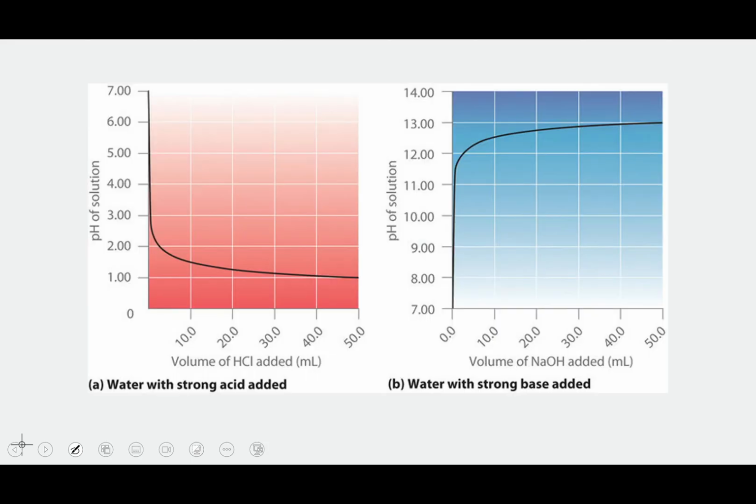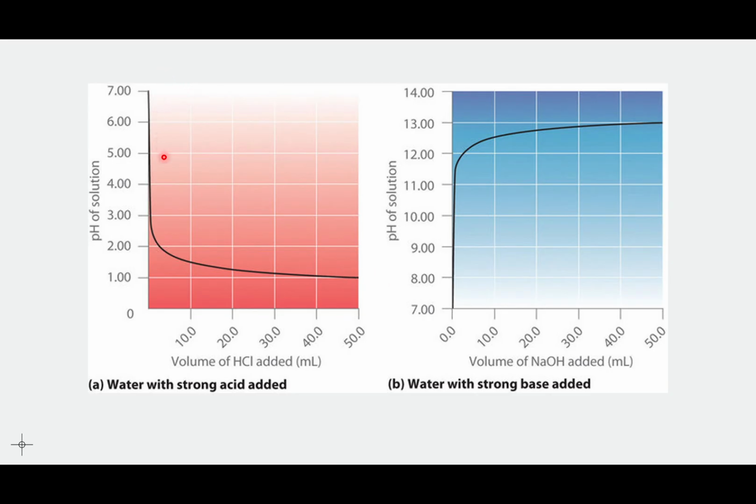So let's have a look at that. How does pH change in relation to adding a strong base or adding a strong acid? We know that the stronger the acid, the closer the value is to 0, and the stronger the base, the closer that value is to 14. So in the case of a strong acid being added to water, because water would be at 7, you can see at 7 here, the more acid you have, there's going to be a huge drop and then a curve that flattens out and reaches a plateau.